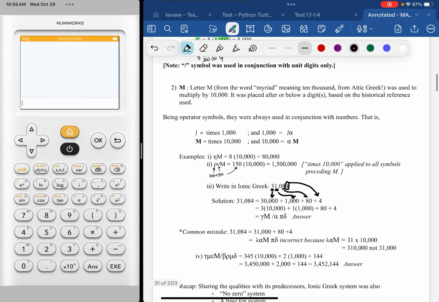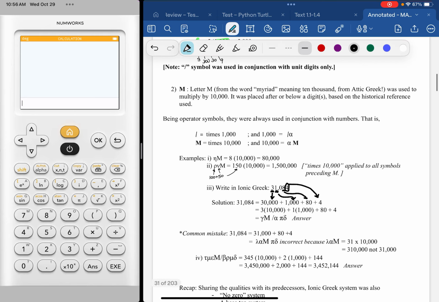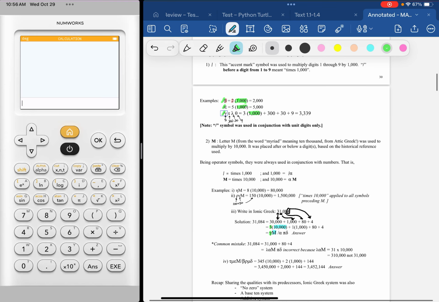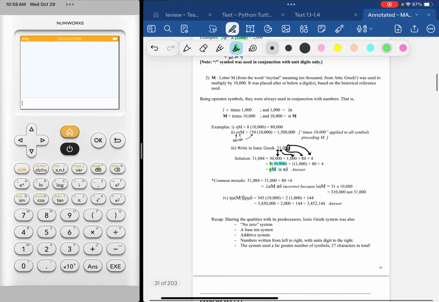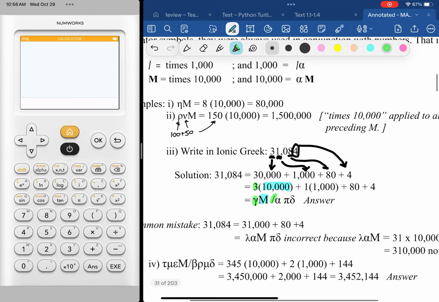The 4, really anything you can get from the table is going to be easy enough. The 3 times the 10,000 is going to be the gamma multiplied by the value for 10,000, which is the M. Then what I want is a 1,000. I look to see if I have a symbol for 1,000. I don't. So I use my multiplier, which is a slash.